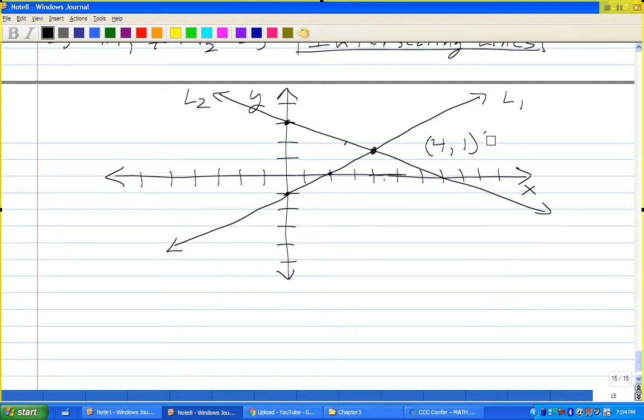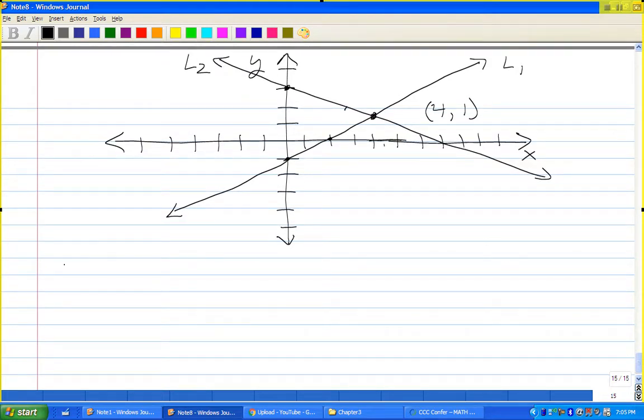So unfortunately, you don't know where exactly it's intersecting, but you know it's probably something of that order. And so what I'll do is I'll have to check. So we use the technique that we had from above. I'll just check if (4, 1) solves the system.